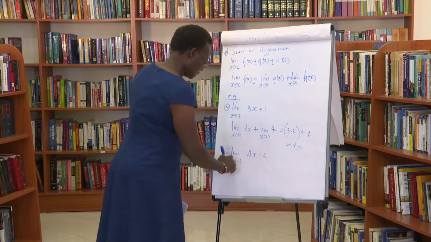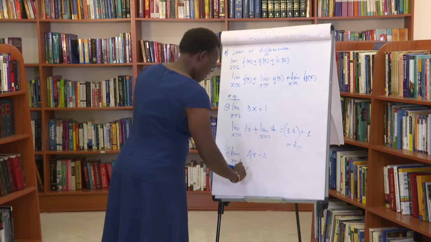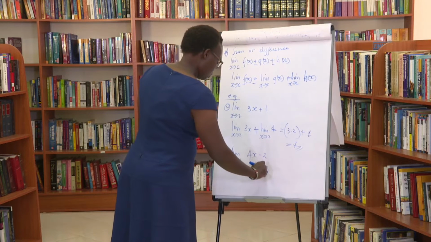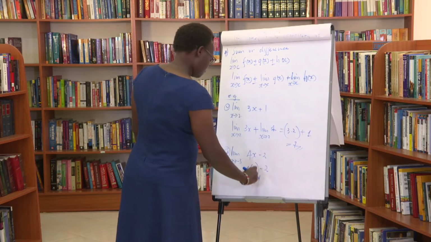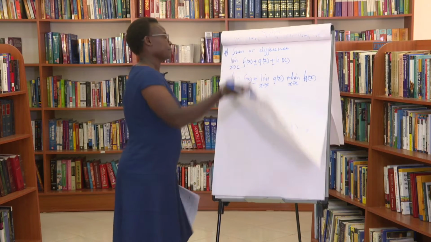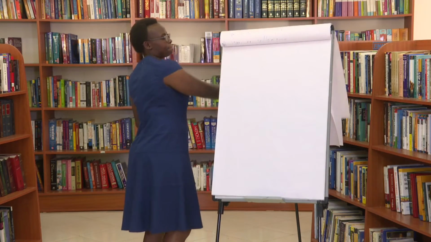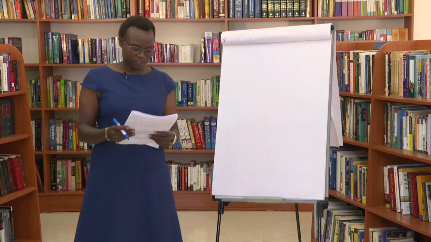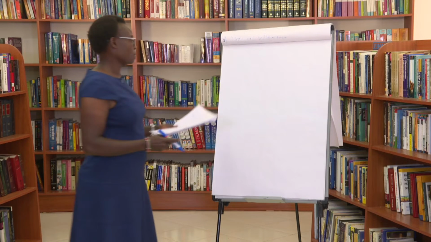So this would give us 4 times negative 3 minus 2, which would give us negative 14. Okay, so that is sum and difference. We can go to the power rule.